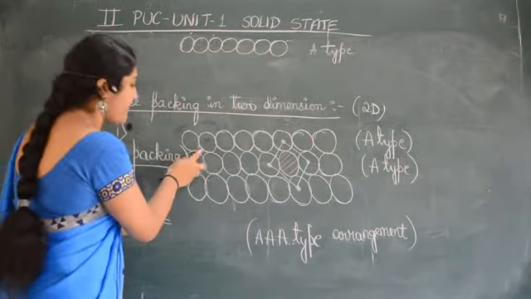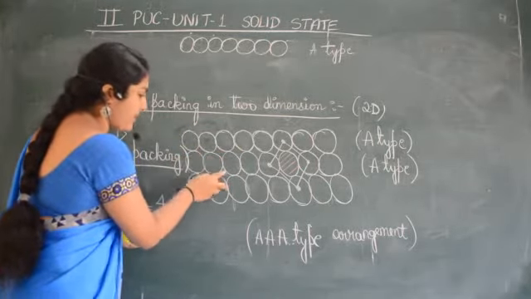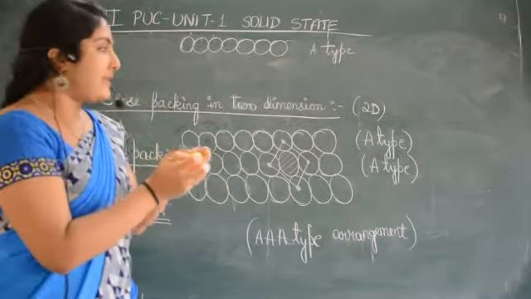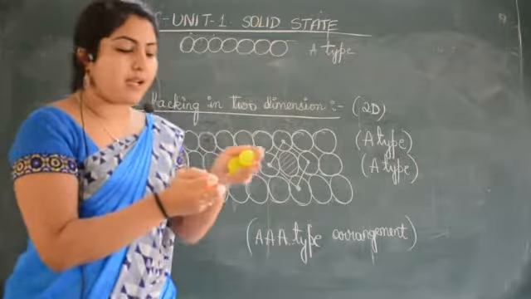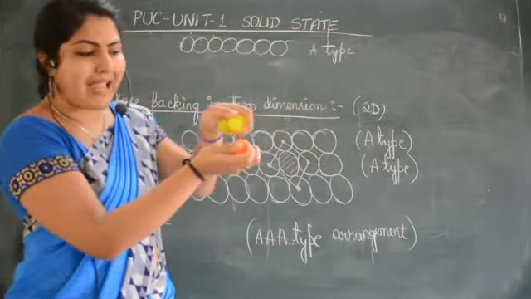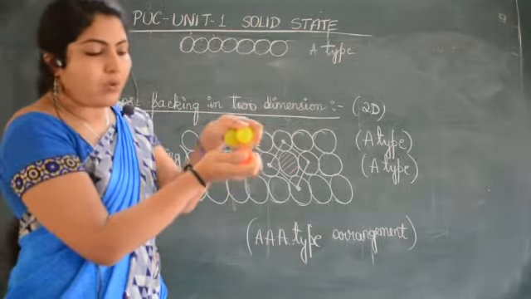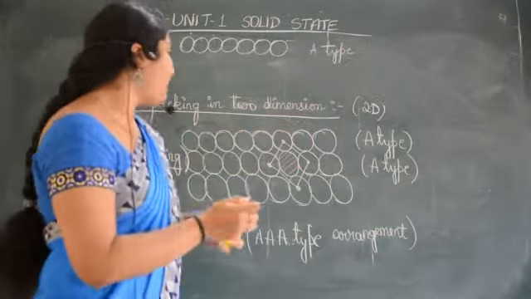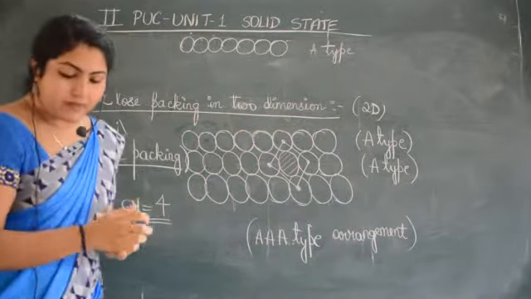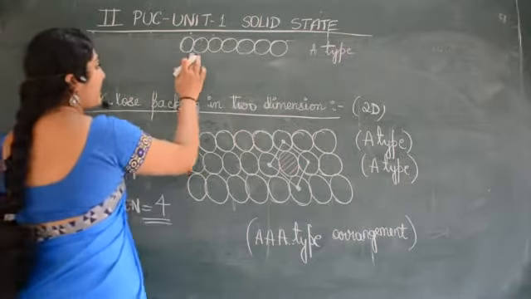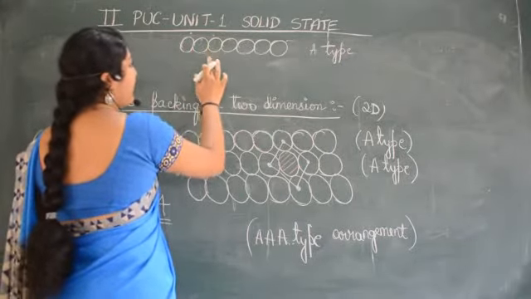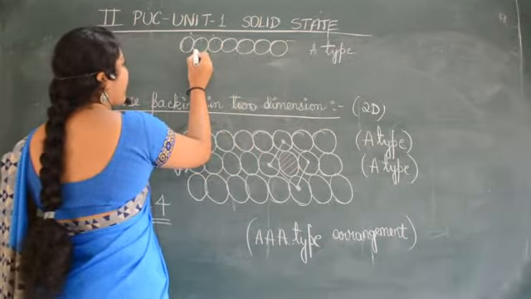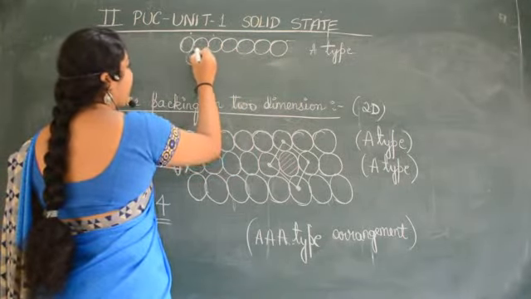See the spaces in between, these are the empty spaces. Now, the second way of arrangement is, rather than placing it exactly one below the other, we place the atom or the layer in the depressions. Depressions means, here can you see the space? These are called depressions. In this depression, we are going to place the next layer, like this.